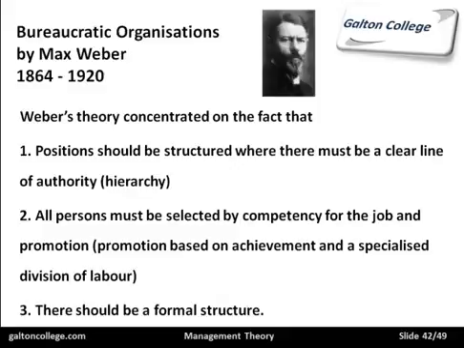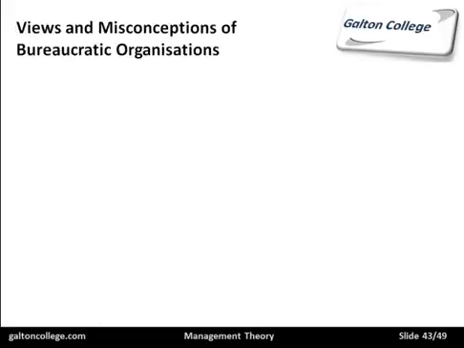And there was a formal structure. It was well understood. Everybody knew what the structure was. And providing they knew what the structure is, the best people were in the hierarchy doing specialist functions. And as long as there was a clear line of authority through the organisation, people knew who they were reporting to, then, according to Weber, this would be an efficient organisation.